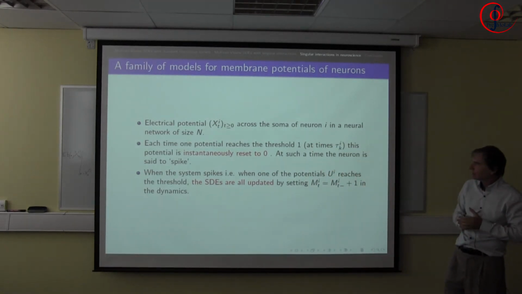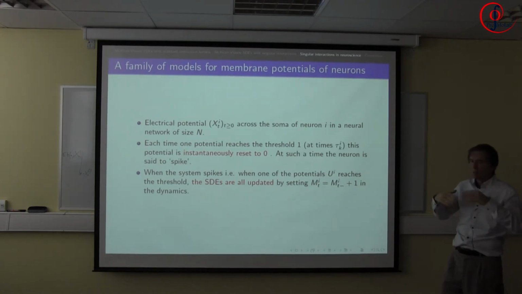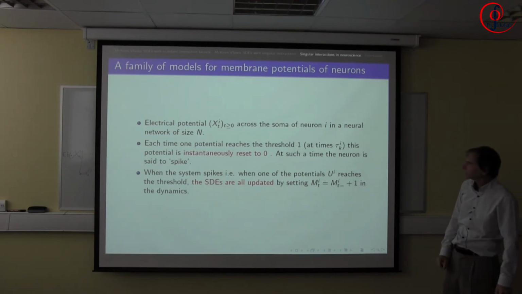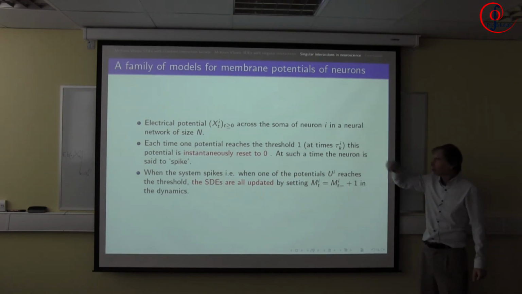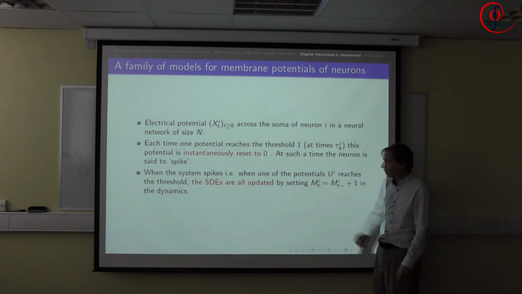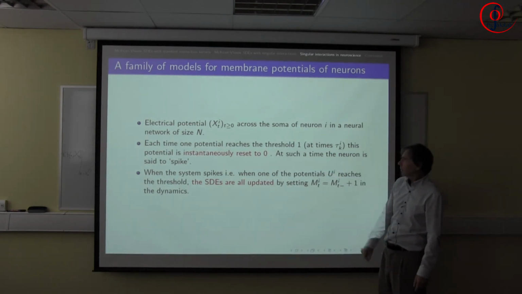And again, the hitting times of the given threshold are much used by the neuron system in order to code information. So it's exactly what is written here. And each time the electric potential reaches the threshold, let's say 1 to simplify the notation, then people say that the neuron is spiking.